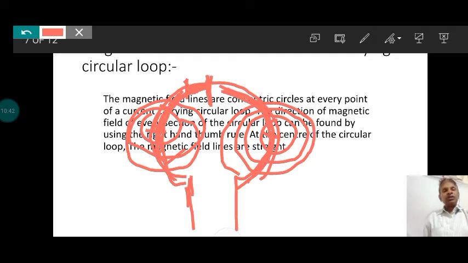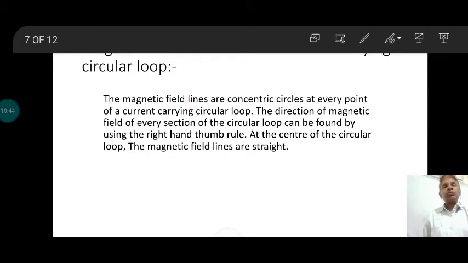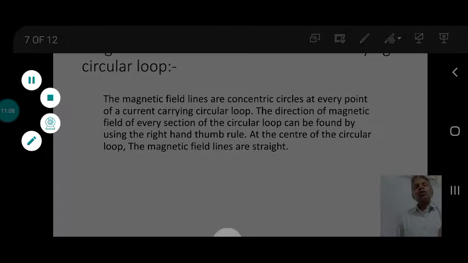On this basis we can observe the magnetic field lines produced by a circular loop: concentric circles at every point on the conductor. The direction of the magnetic field of every section of the circular loop can be found using the right hand thumb rule. At the center of the loop the magnetic field is straight. That will be clearer on the next slide.